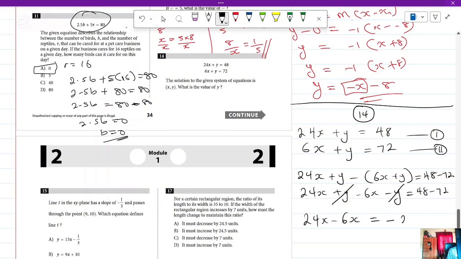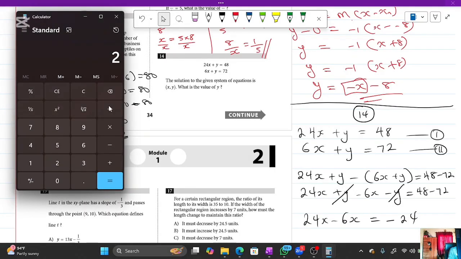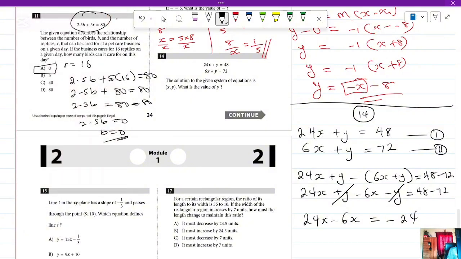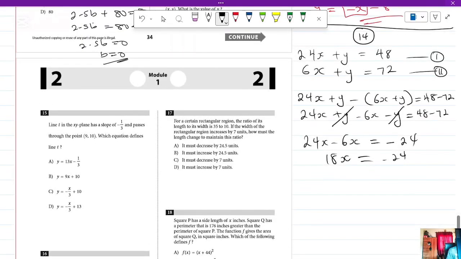And 24 take away 6 will be 18. So you have 18x equal to minus 24. With this, you have x equal to minus 24 over 18. 6 can go here 4 times, 6 can go here 3 times. So my answer is minus 4 over 3.